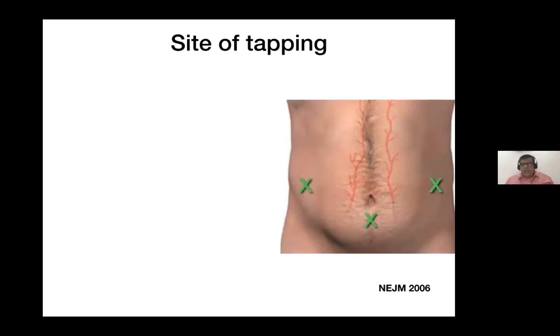Now, the conventionally preferred site was the midline, and the advantage was little chance of bleeding. The issue with this site is that there can be collaterals in the midline. If a bladder is hugely distended, you may inadvertently puncture the urinary bladder. And the needle is actually unstable.